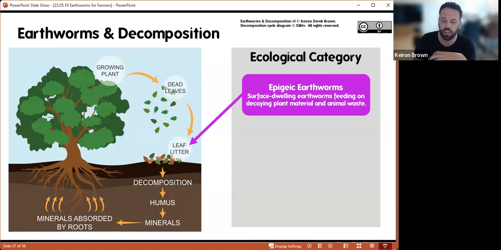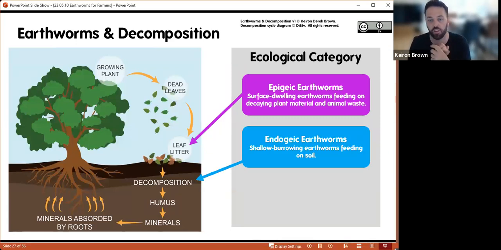Those casts then become part of the topsoil, and that topsoil, those top layers of the soil, are then fed on by the endogeic earthworms. So they're breaking down that soil even further. They're feeding on that soil, they're decomposing it further, and they're contributing to decomposition within the soil profile in a slightly different way.